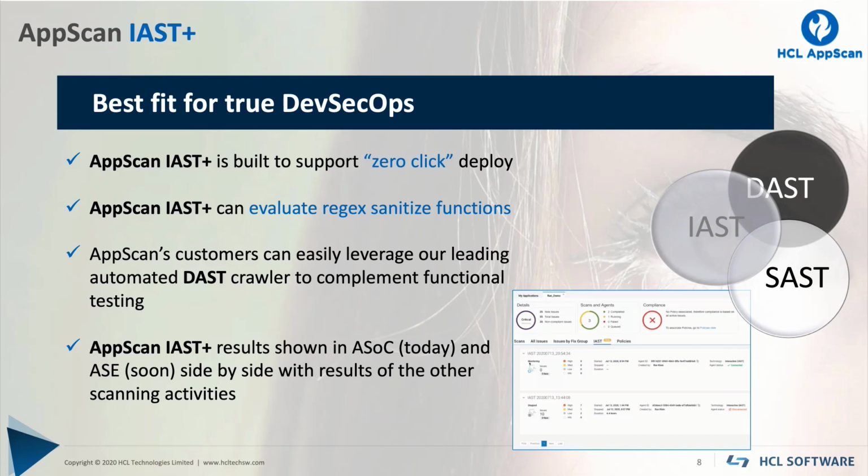Add to that the fact that the agents were built based on years of knowledge we have in static analysis and dynamic analysis, and it gets you extremely accurate, zero-time passive analysis to best fit your short DevOps build cycle. And when needed, you can complement your in-depth DAST scans with it. For those who use our complete testing suite, the IAST results are shown side by side with our DAST, SAST, and software composition analysis under a single pane of glass.